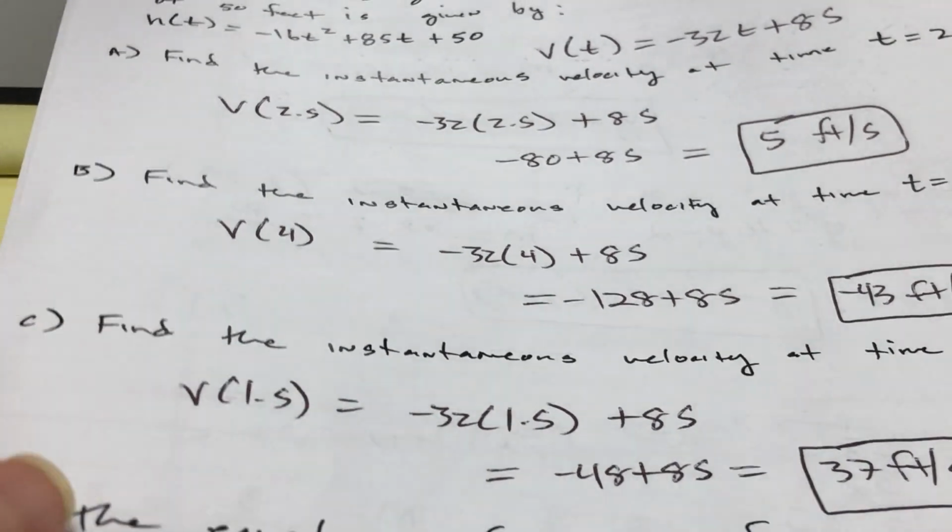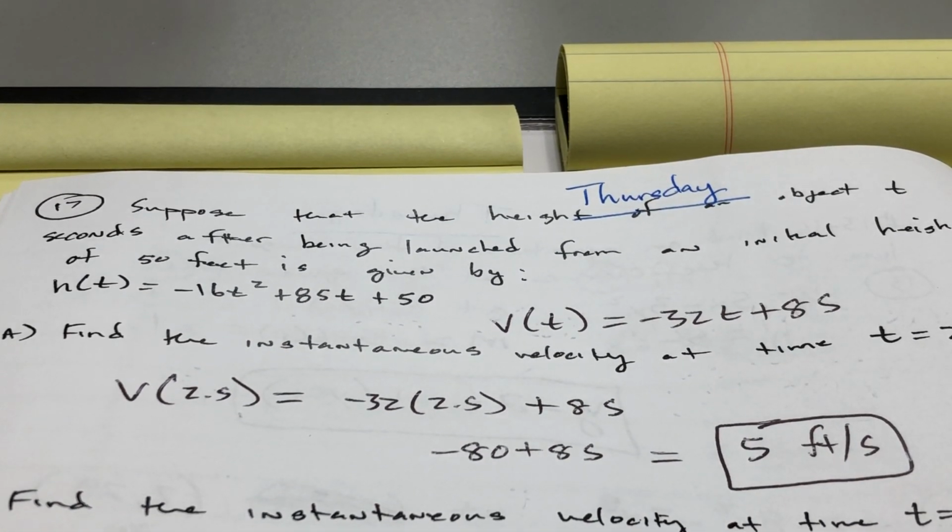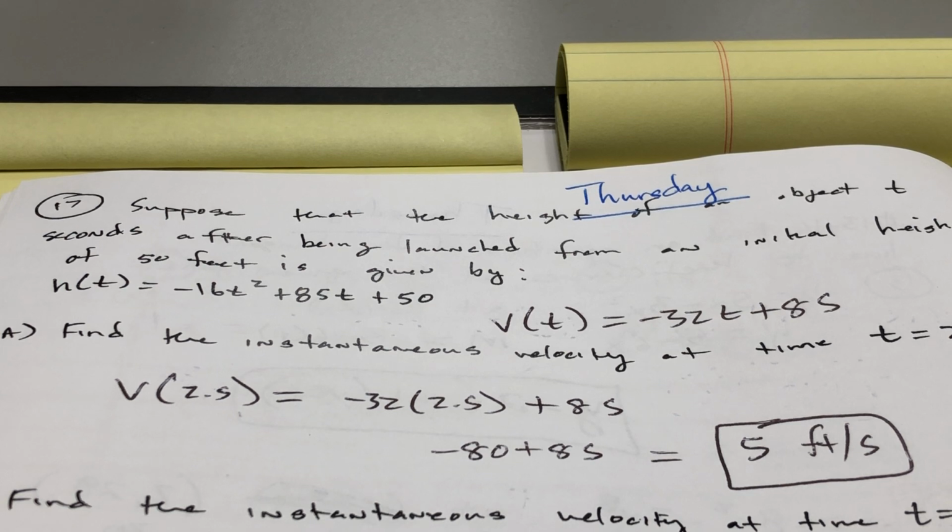All right, 17 and 18 would also be easy questions. Suppose that the height of an object t seconds after being launched from an initial height of 50 feet is given by h of t equals negative 16t squared plus 85t plus 50. It has an initial velocity of 85 feet per second.